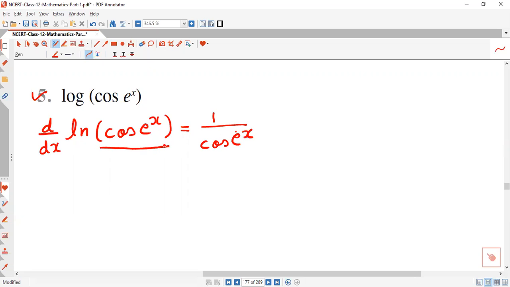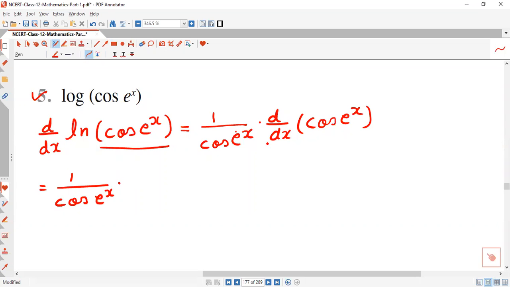Since this is not x, this is also differentiated, dy/dx of that part, cos e raised to x. So in the next line, we write down the function 1 upon cos e raised to x, and we differentiate this part. Cos becomes a minus sine e raised to x. But again, you see this e raised to x, it's not the angle, x is there. So this is again differentiated, dy/dx of e raised to x.